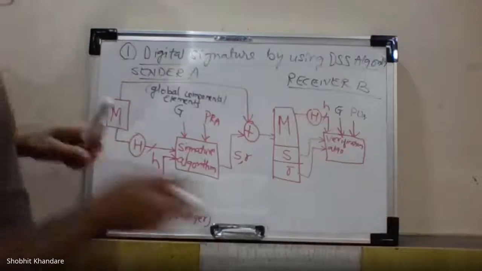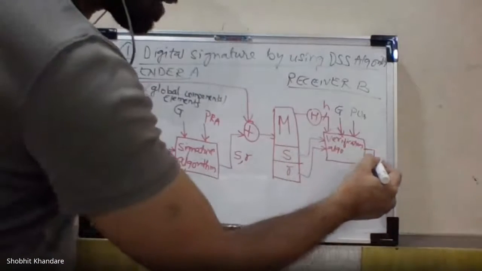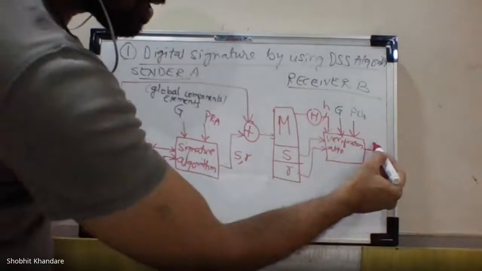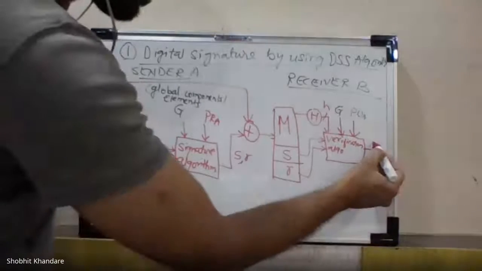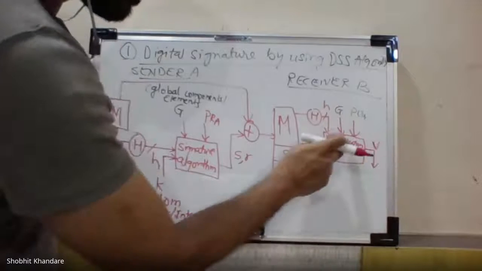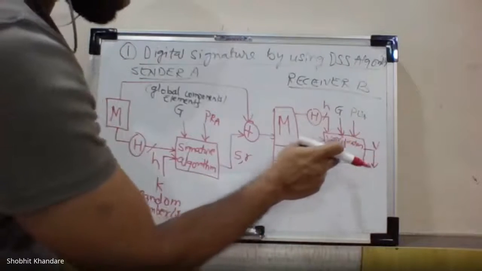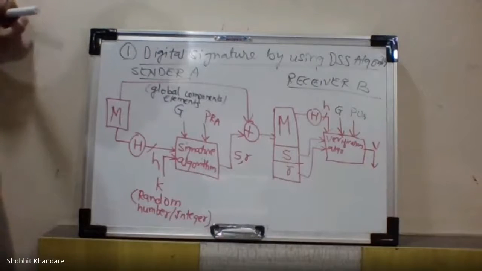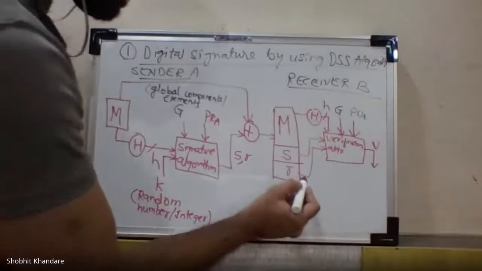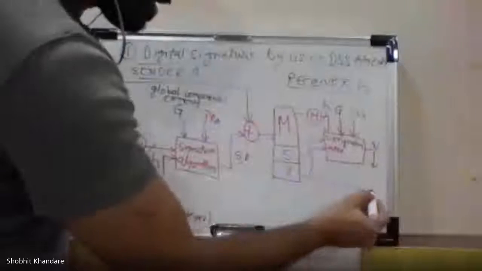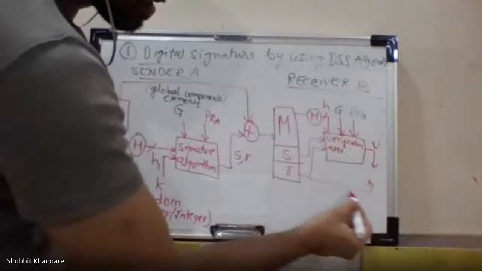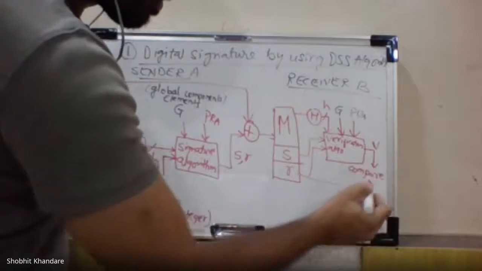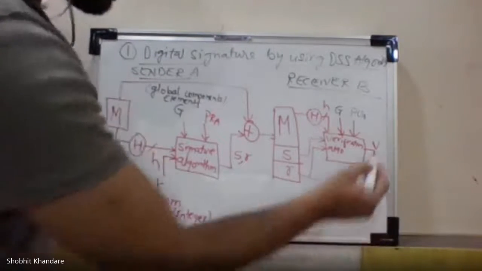Whatever output we get is small v. So verification happens here, and this small v is compared with r. So there is a comparison: here is r, here is v.